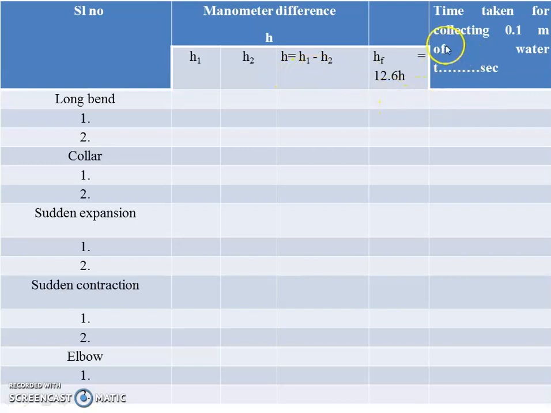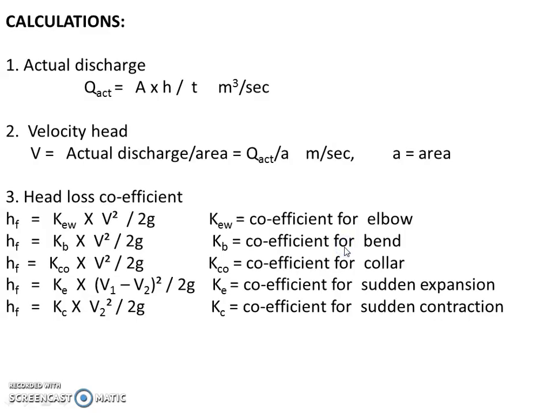After this, we will note down the time taken for collecting 0.1 meter of water using a stopwatch. Similarly, note down readings for collar, sudden expansion, sudden contraction, and elbow. These are the calculations.